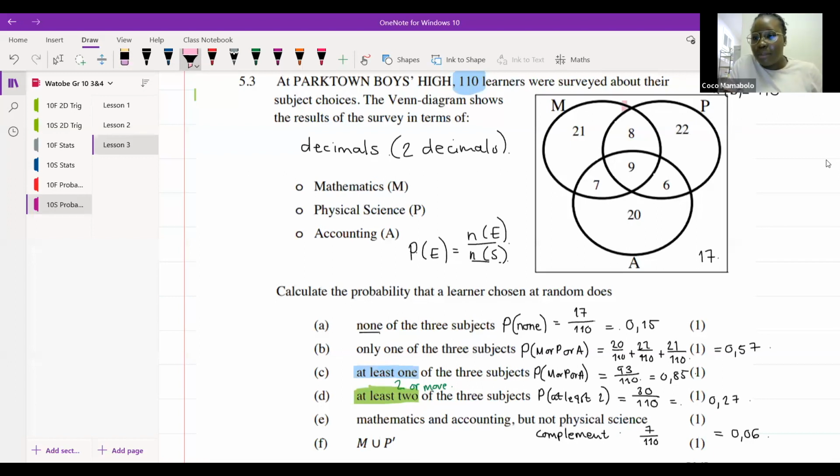If I look at maths, this would be maths. So this is the one that I will choose over here. And then what is everything that is not physics? What else is left that's not physics, guys?